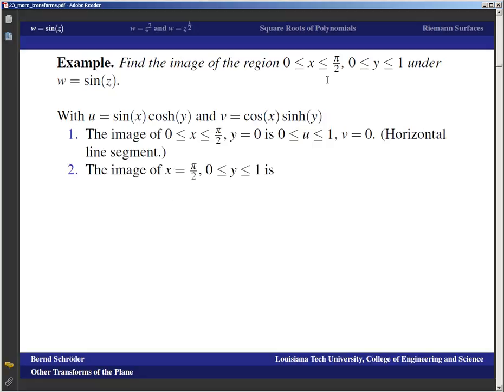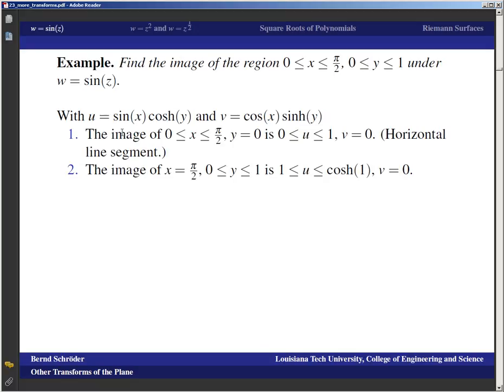When x is equal to pi halves, then of course we have to start going vertical. So for x equals pi over 2 and 0 smaller or equal y smaller or equal 1, the image of that, I claim, is 1 smaller or equal u smaller or equal cos 1, and v equals 0 still. That is because if x is equal to pi over 2, then cosine x is equal to 0, so that gives us v equals 0 throughout.